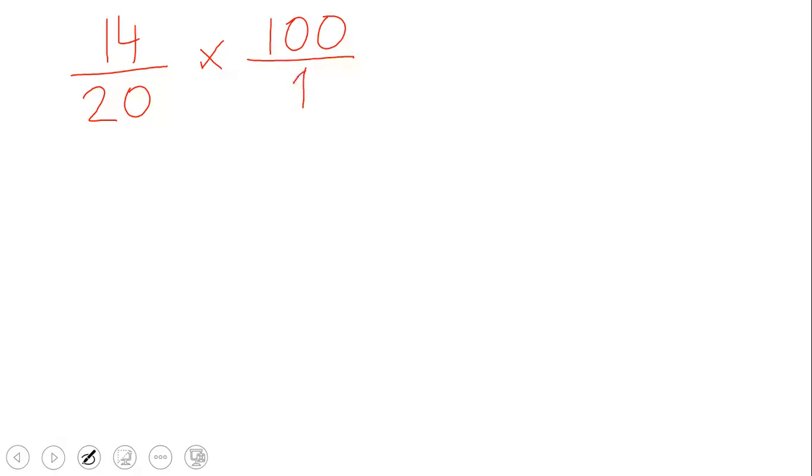So we have 14 over 20 multiplied by 100 over 1. The first thing we're going to do here is cancel. So we're going to cancel this 0 with that 0. And that should equal 14 over 2 multiplied by 10 over 1.